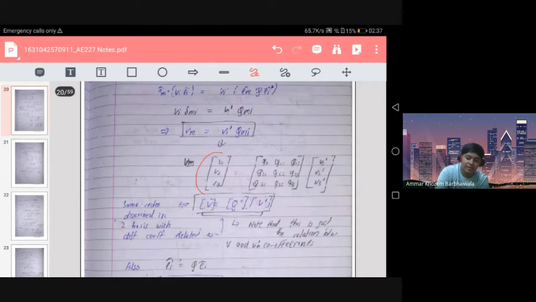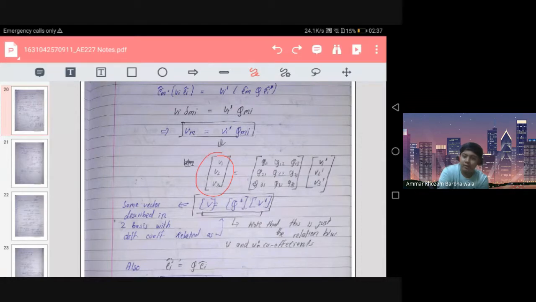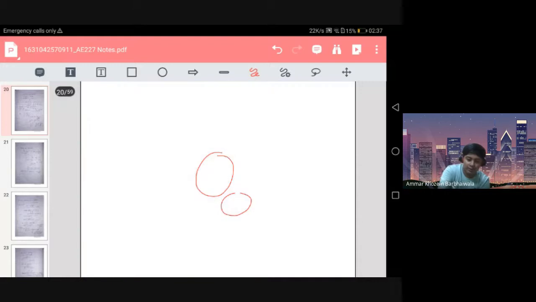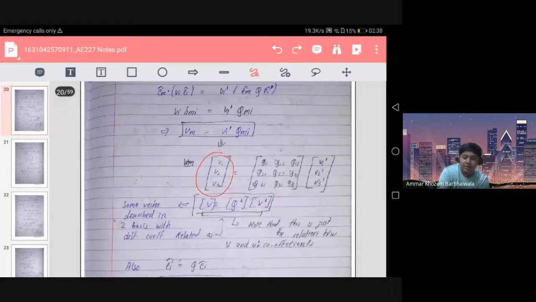These are your original coordinates v1, v2 and v3, and there is some new set of coordinates e1 dash, e2 dash and e3 dash. To go between them, you would have to apply the transformation matrix Q, the transformation matrix which we learned in linear algebra. I'll not annotate in this case.